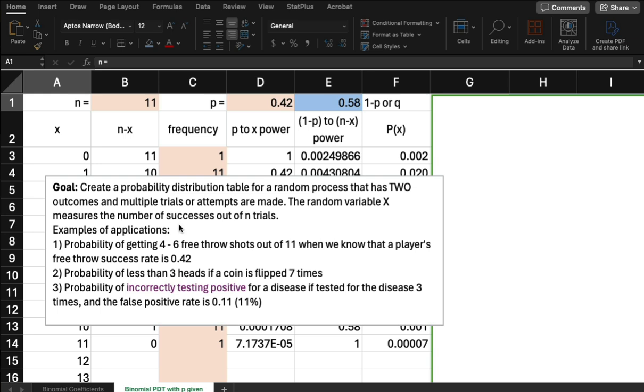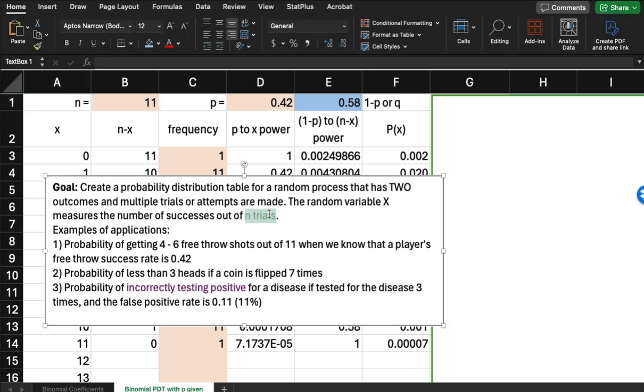So think in terms of a random process that you're going to repeat, but each time you do it, there are two outcomes. So each time you make the attempt, you either succeed or you fail. And the random variable capital X measures the number of successes, little x, out of n trials.